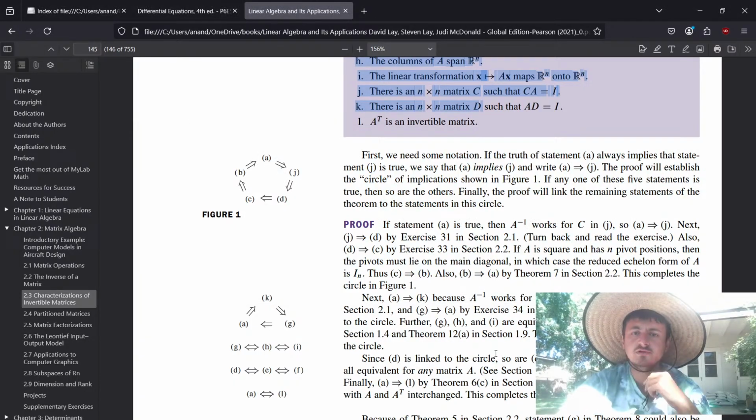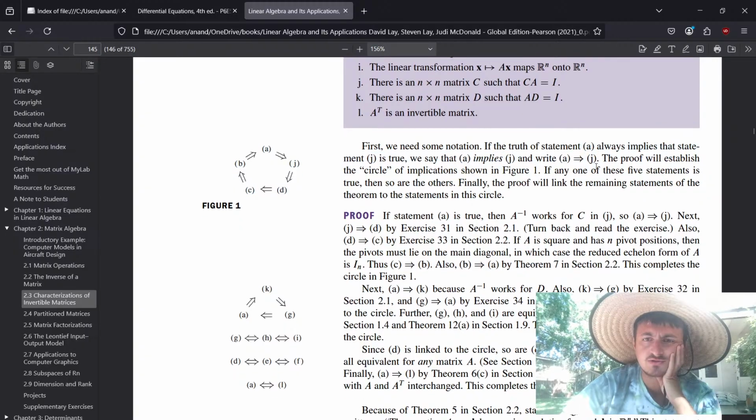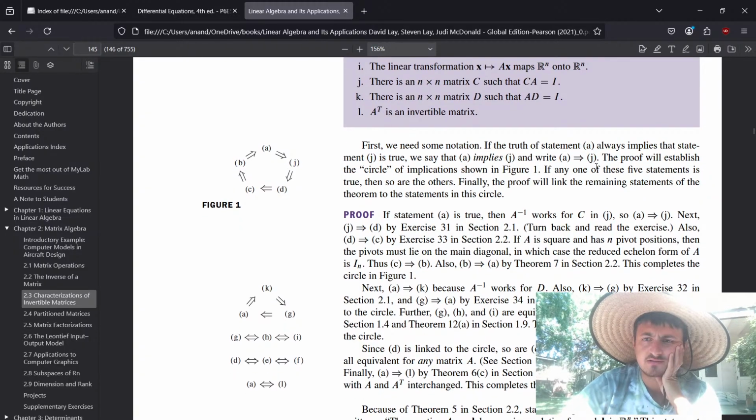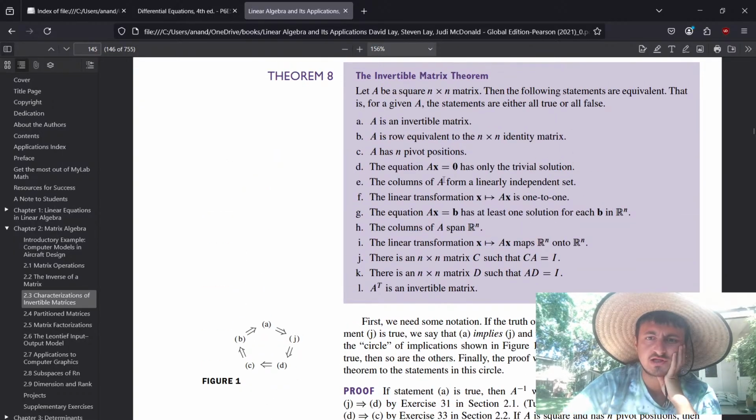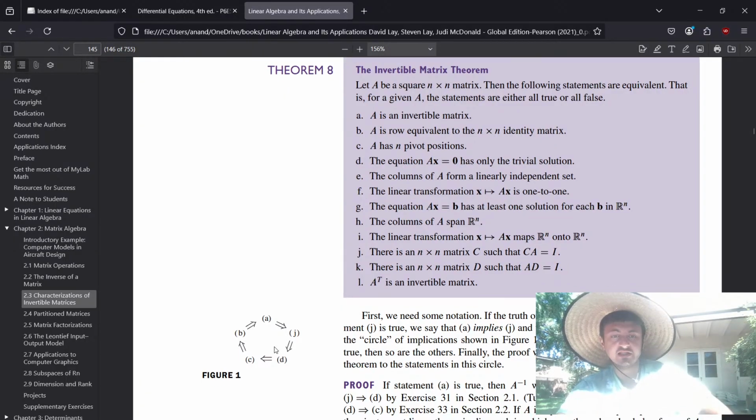All right, so first we need some notation. If the truth of a statement A implies that a statement J is true, then A implies J. Why does J imply D? I really like these graphs, though.